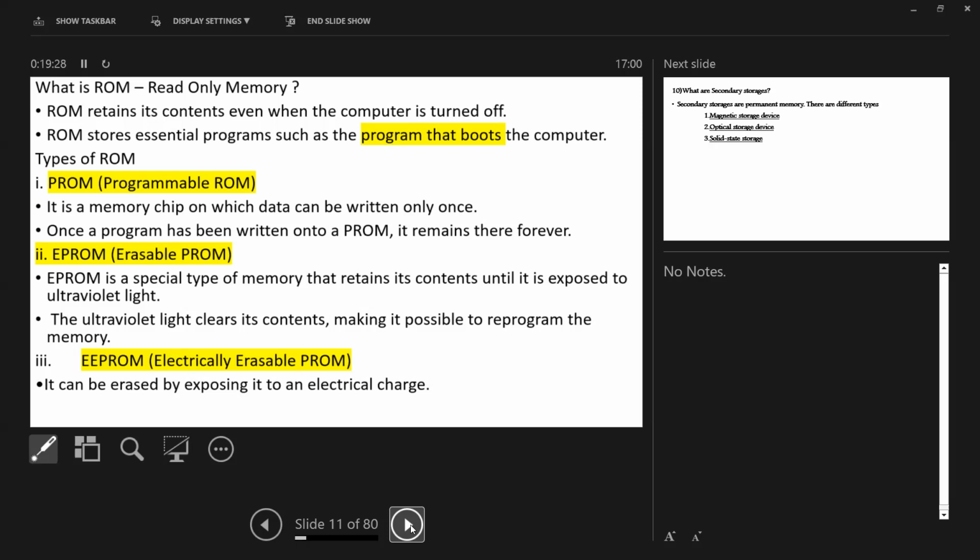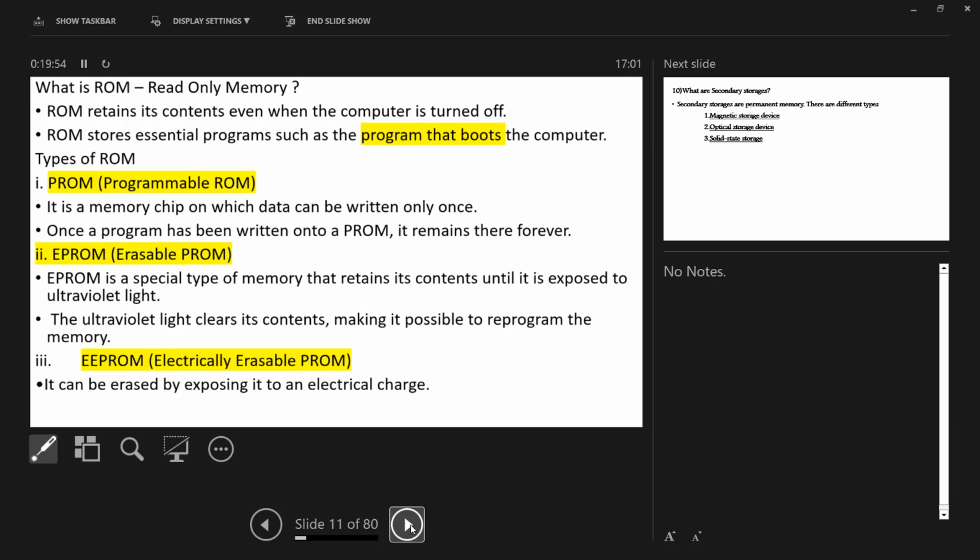Electrically erasable programmable read-only memory is electrically erased. If we expose the EPROM to ultraviolet light, it can be erased. The ultraviolet light clears the content, making it possible to reprogram the memory. So using ultraviolet light we can reprogram the memory.